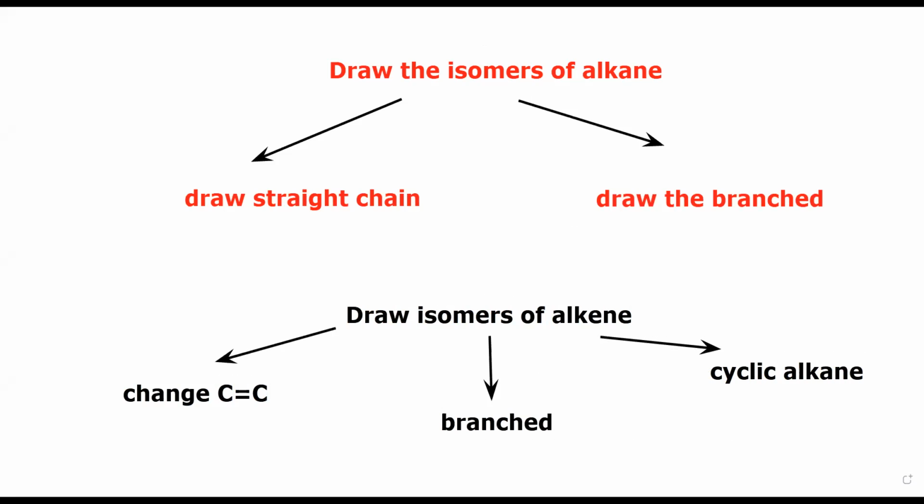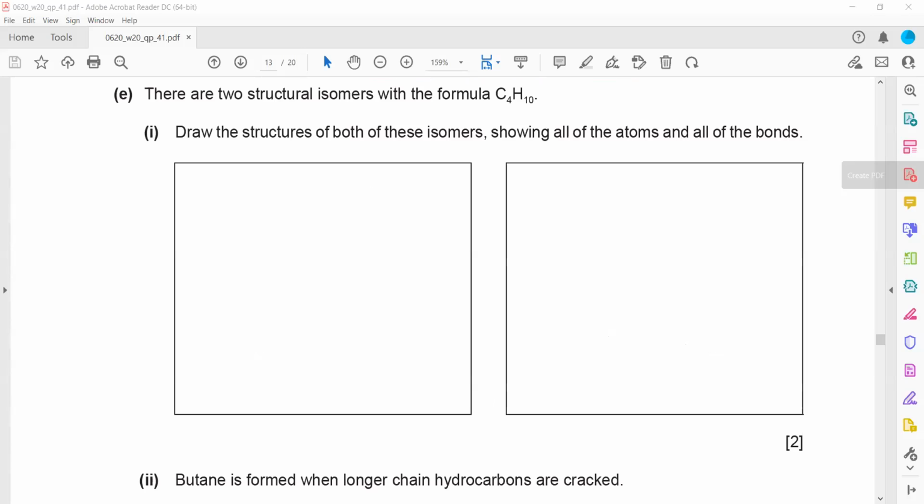So in the question, because it is butane, but means 4 carbon and ane means they all have a single bond. So it is an alkane. So we want to draw an isomer of alkane. First, we can draw the straight chain. And the second one, we can draw the branched. If I want to draw straight, we have to show all the atoms and all the bonds.